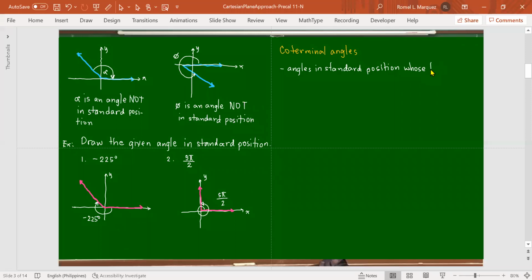Angles whose terminal sides coincide. Terminal sides coincide, meaning having a common terminal side.